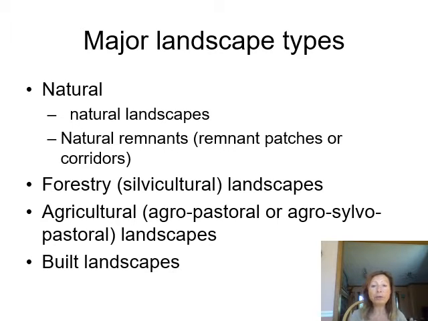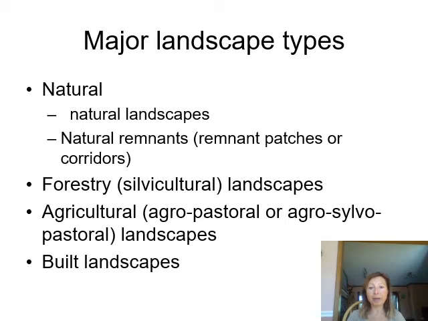But on the spectrum, we can look at the landscapes from the most natural, and most natural landscapes today are really natural remnants. So those are remnant natural patches or corridors within a somewhat modified matrix. From there we can move to more modified forestry or silvicultural landscapes.